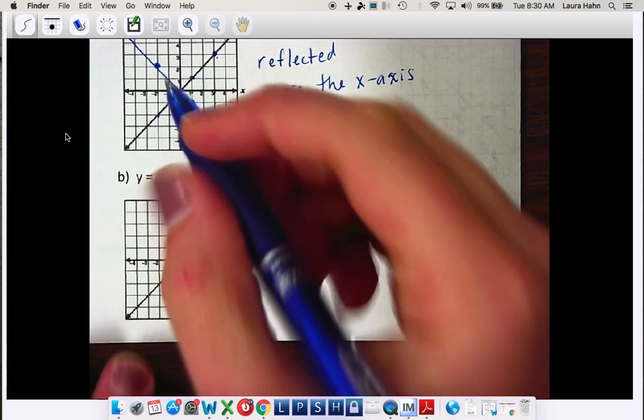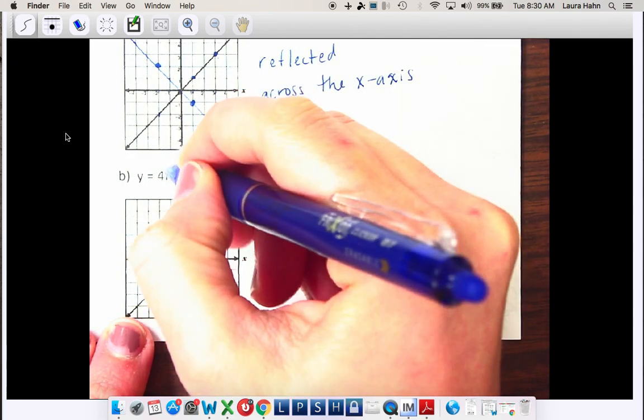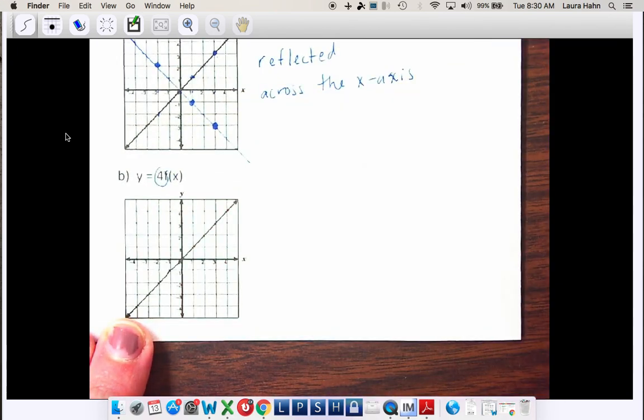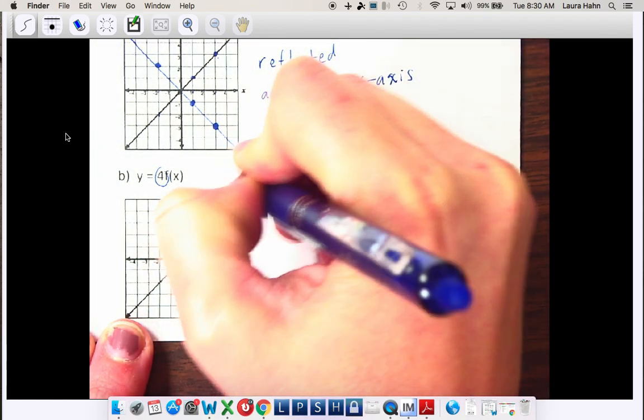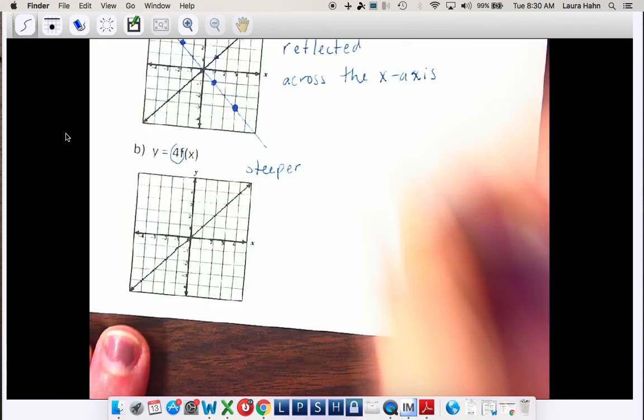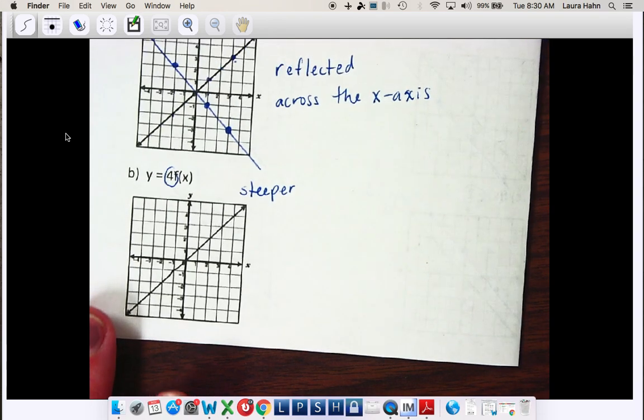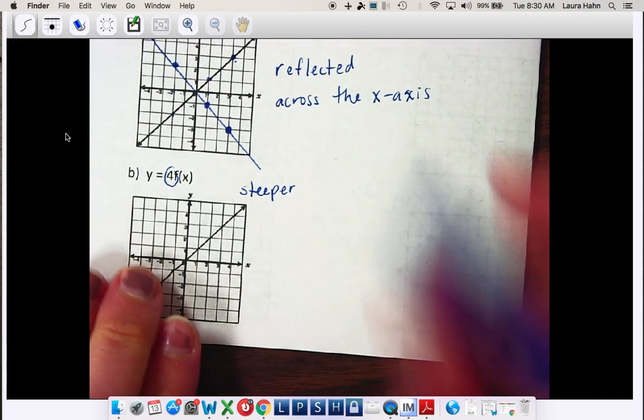All right, so the number out front is a 4. So if you look back at the top, when it's bigger than 1, we know it's going to be steeper. So we're thinking of that silly putty being pulled up and down. So it should look like a steeper line, right? Okay, so let's pick 3 of the original points.